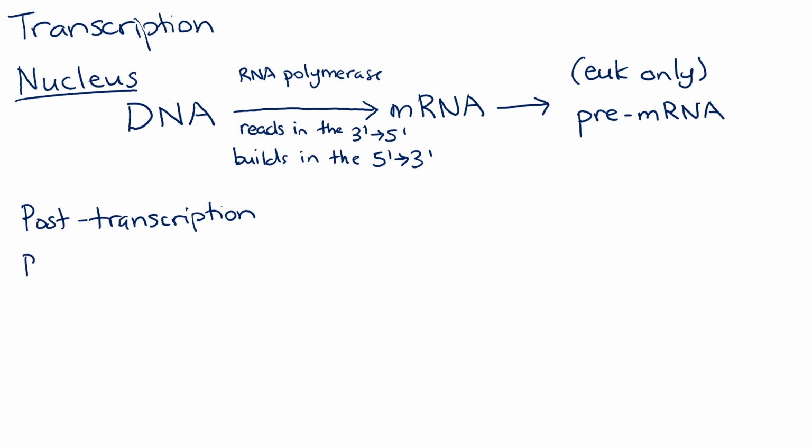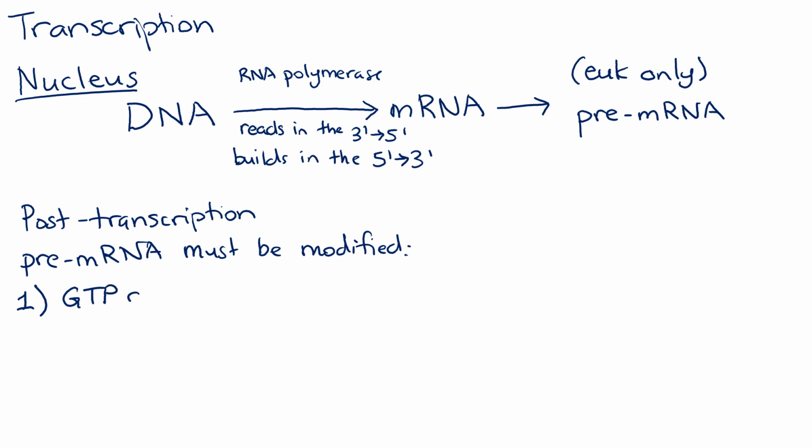That pre-mRNA must be modified. So first things first, a GTP cap, and that's legitimately guanine attached to 3 phosphate groups, is attached to the 5' end of the mRNA.